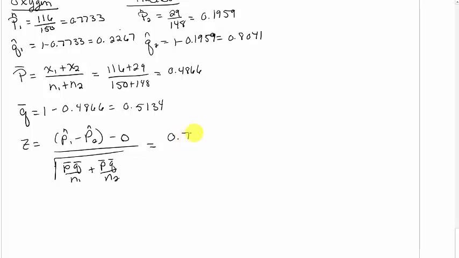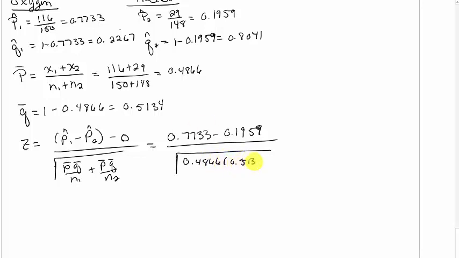We have 0.7733 minus 0.1959 divided by the square root of 0.4866 times 0.5134 over 150 plus 0.4866 times 0.5134 over 148.